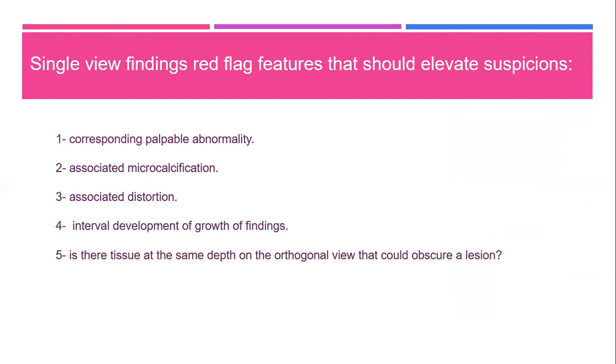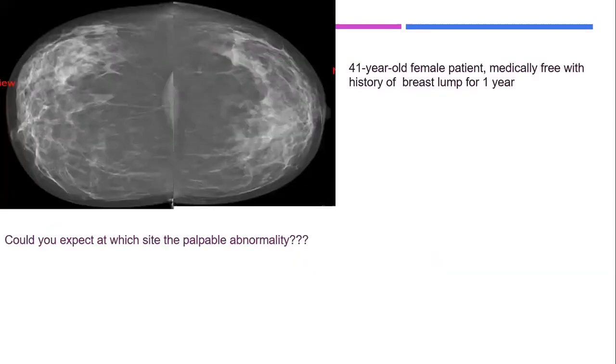If you have seen a lesion and you could not see it in the other view, but you expect at the same location there was tissue that might obscure the lesion, you also have to consider these lesions and do further workup.